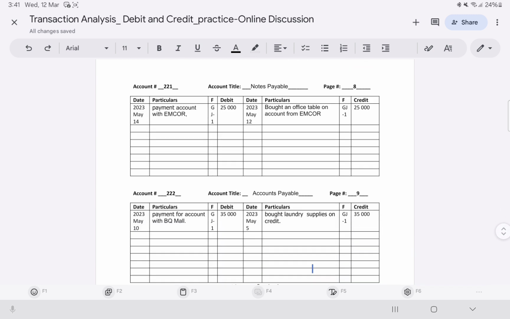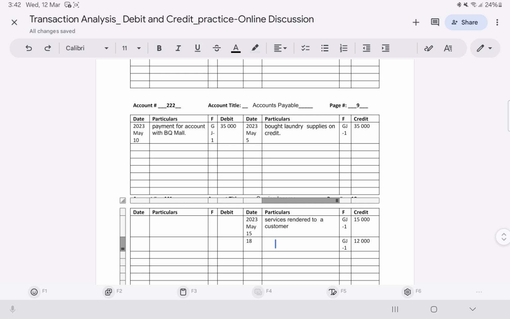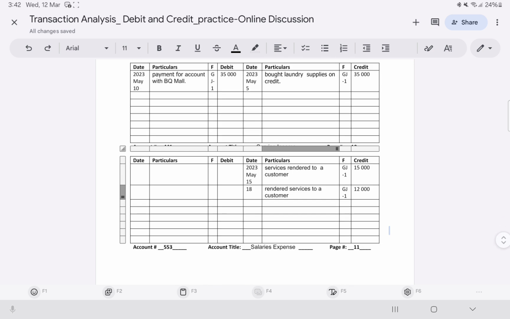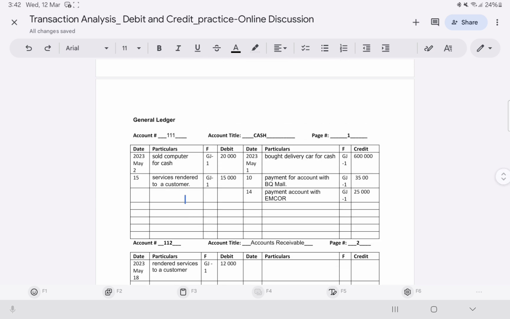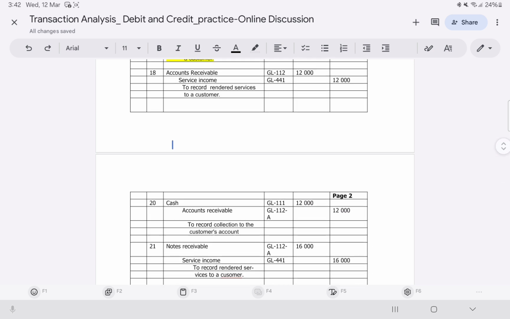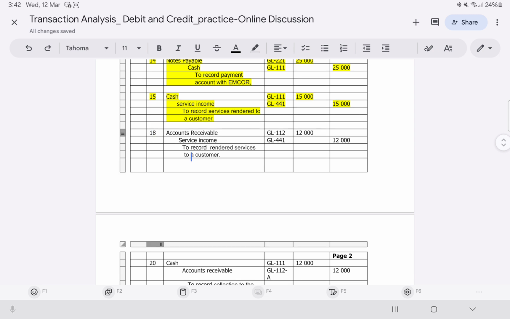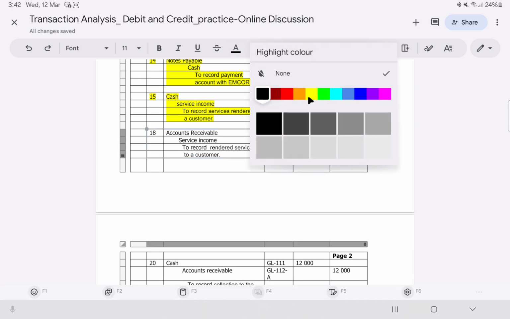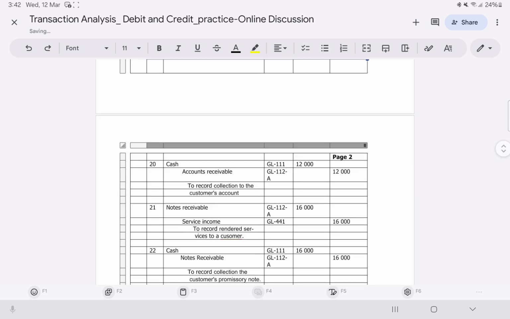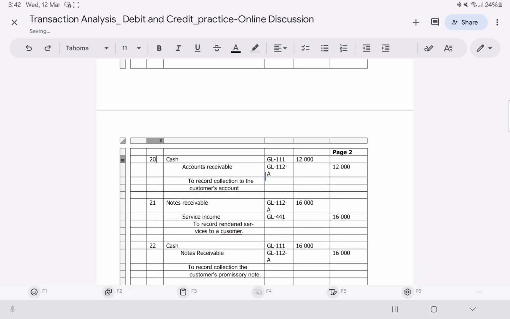Service income, rendered services to a customer 12,000. So we are done with the May 18 transaction posting to the general ledger. So let's highlight the transaction. Okay, so let's proceed to May 20.